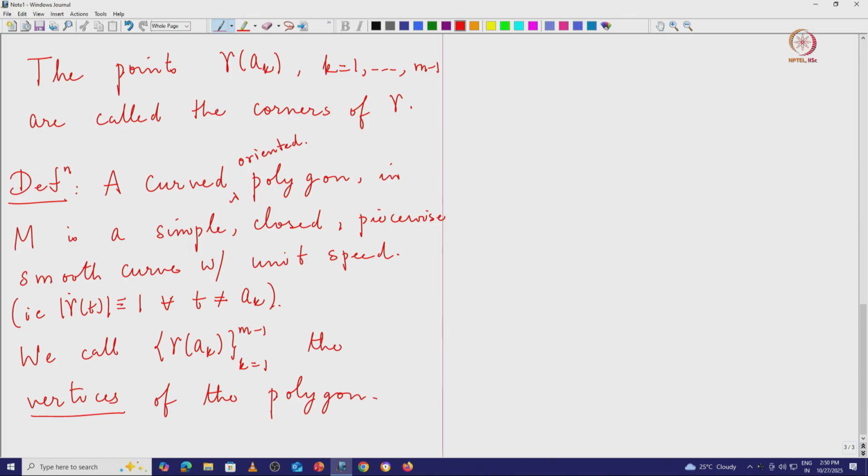So then I also have a notion of an external angle or an exterior angle, because remember we want to state essentially a generalization of the sum angle property.